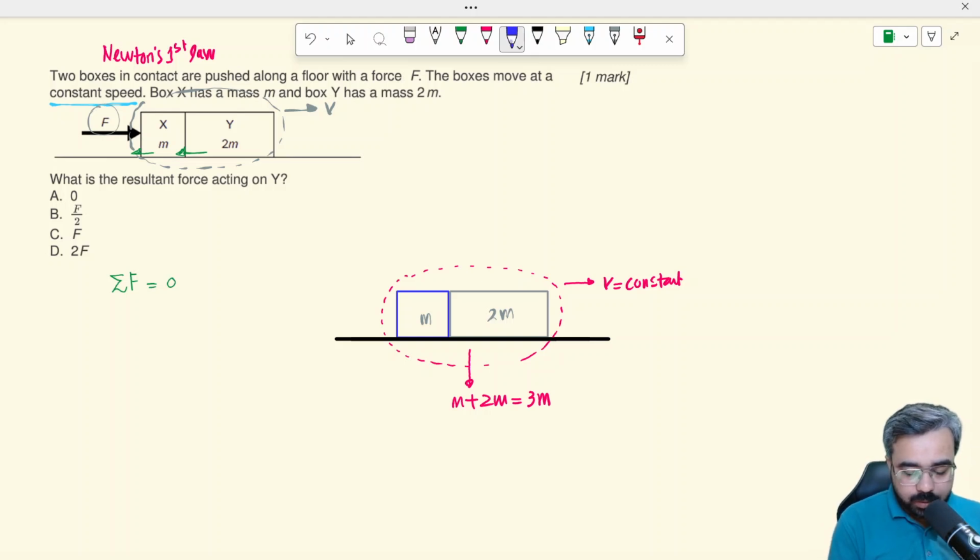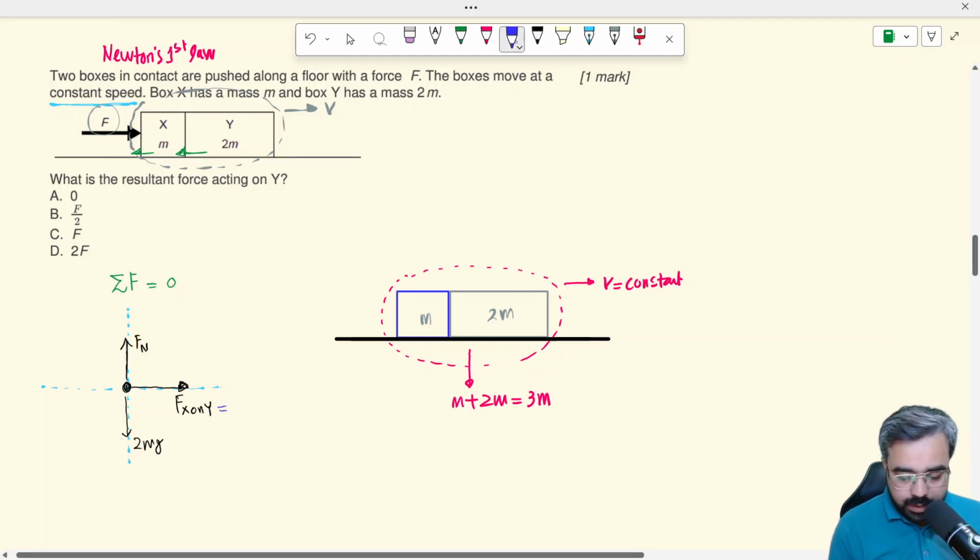Even on this y, if you draw the free body diagram, this force is applied by x on y, this force is applied by the surface of the table, and this force is the weight, the gravity. So dear students, this is the resultant force. That's why we can say it is 2ma.